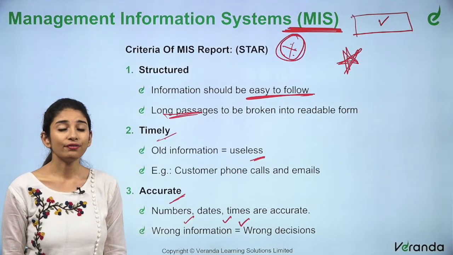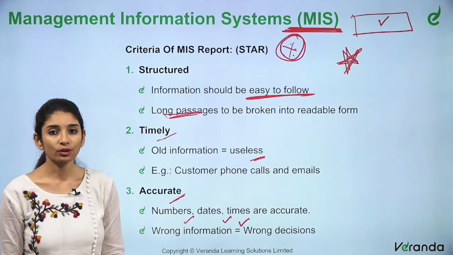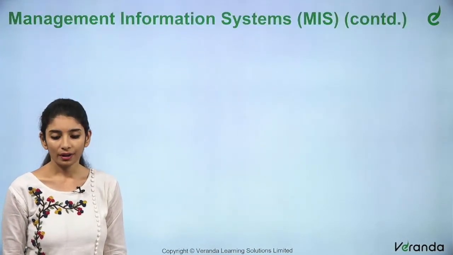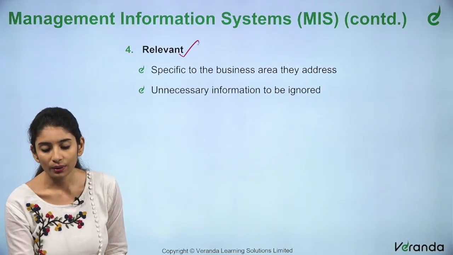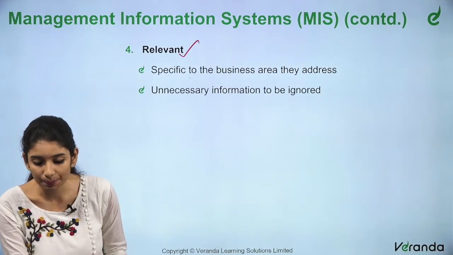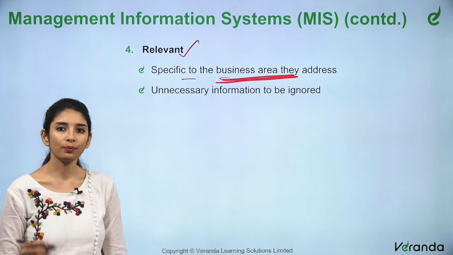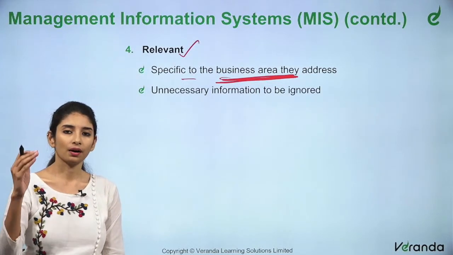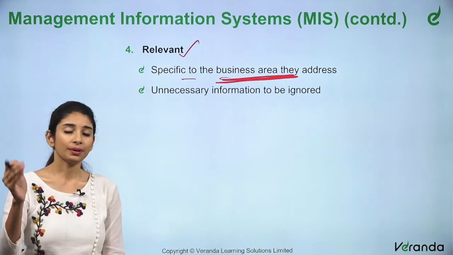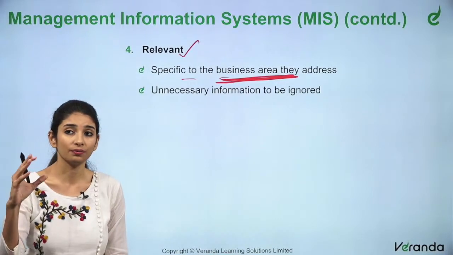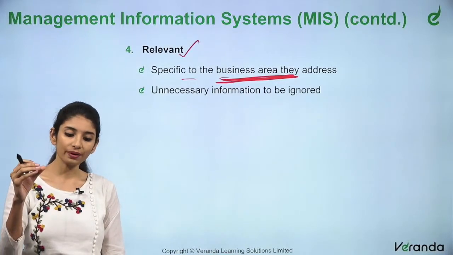S for structured, T for timely, A for accurate, and R for relevant. My MIS report needs to be specific to the area that I am asking for. I want the report only for the sales for the previous month in the West region. So it needs to be very relevant.